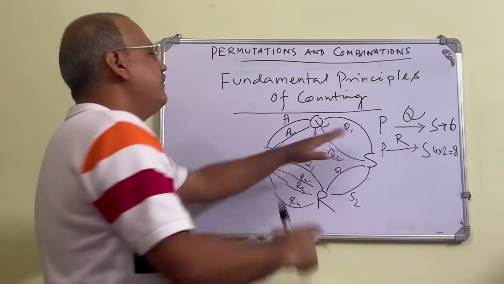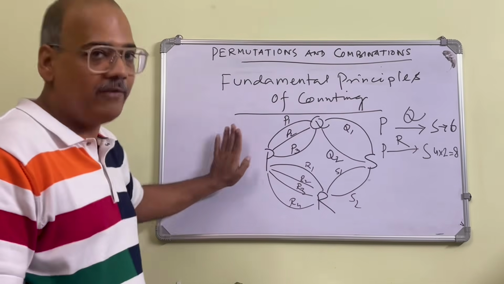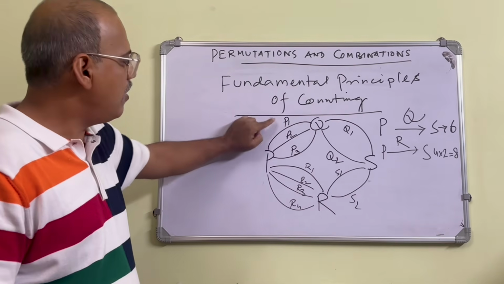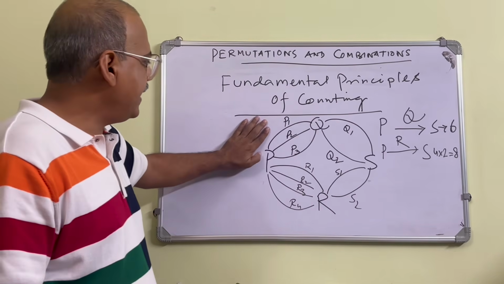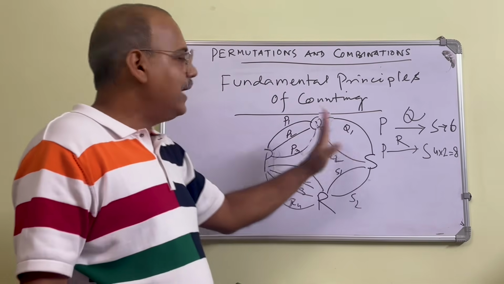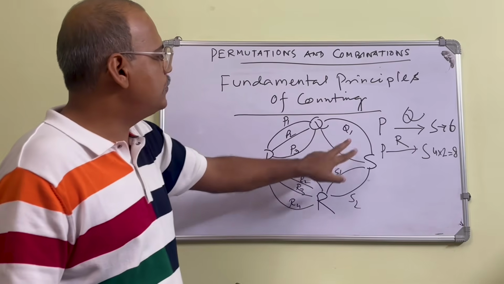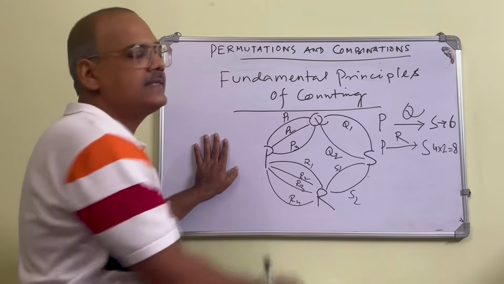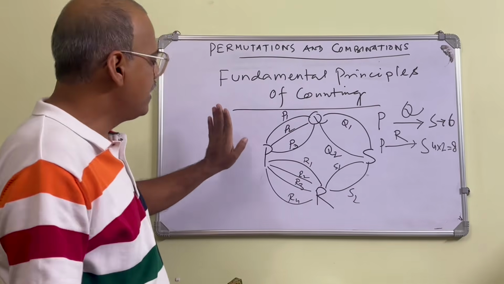And these two events are independent. Why are these two independent? Because I have no restriction on my path. I can take P1, P2, P3, any of them from P to Q. It will not restrict me from choosing Q1 or Q2. So that's why these two are independent events.